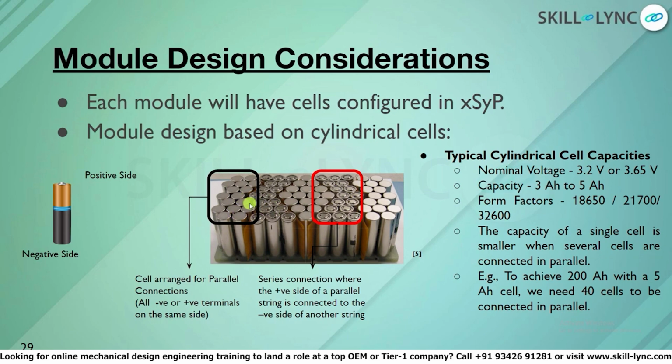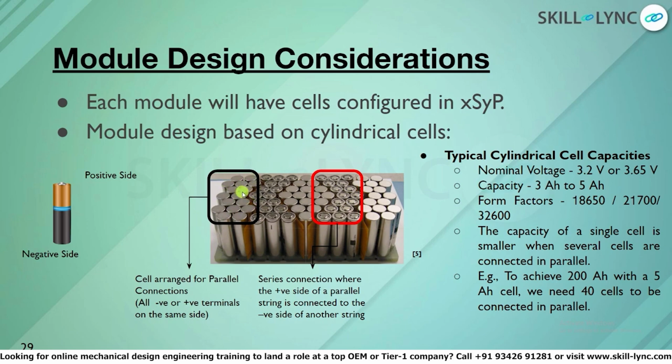And since we have 1, 2, 3, 4, 5 cells, a 5s combination, like this is 1s, this is 2s, this is 3s, this is 4s, and this is 5s. So the whole of them are arranged in 5 series combinations. Each string or each group has 16 cells, and the 16 cells on the positive side are also arranged on the same side.